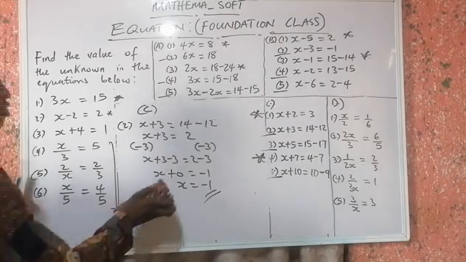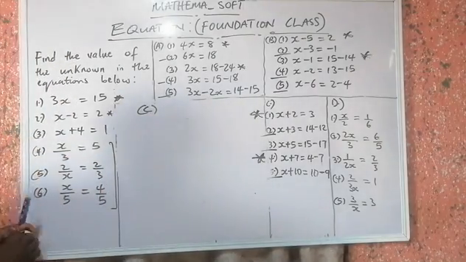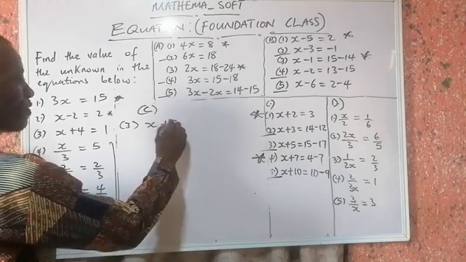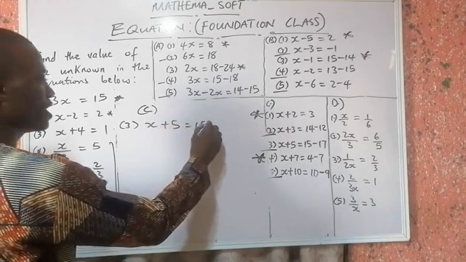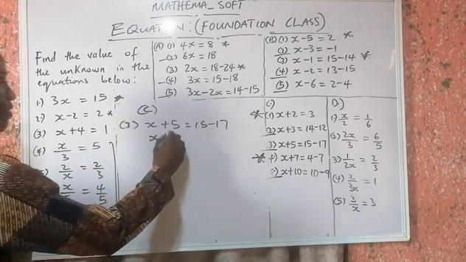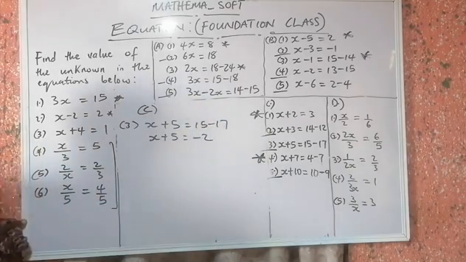Then the next question, number 3, that I'm solving with you, category C. So we have x plus 5 equals 15 minus 17. 15 minus 17 will give me minus 2.